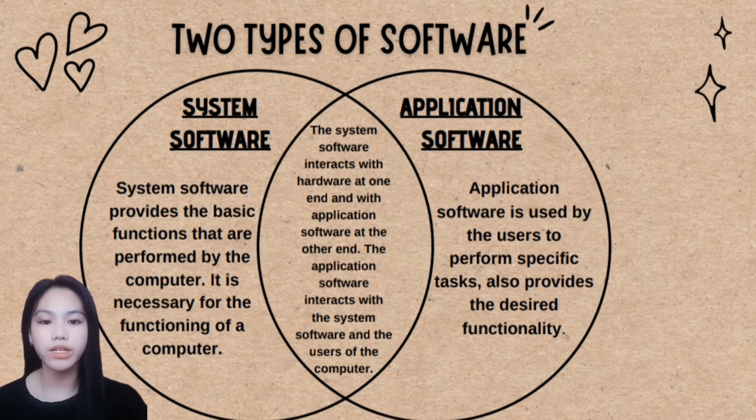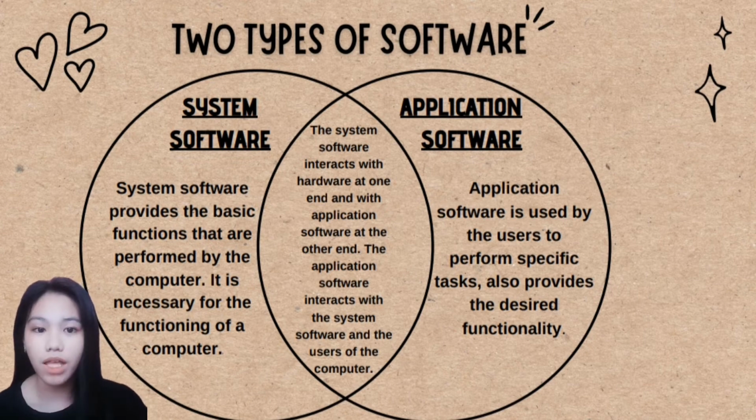System software gives the computer its fundamental capabilities. It is necessary for the computer to function. While using a computer, the user is not required to be aware of how the system software works. For example, the system software that comes with the computer when you buy one would also include several device drivers.